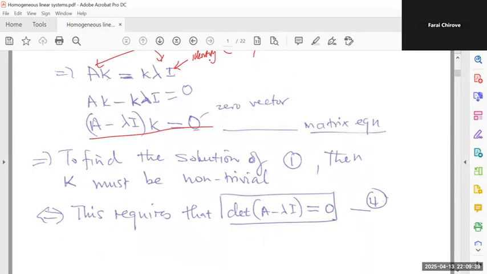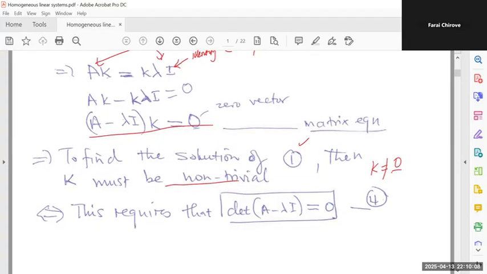Now, to find the solution of the homogeneous system, labeled as 1, we want k, the eigenvector, to be non-trivial. In other words, k is not a 0 vector, so not all the entries of k are 0.